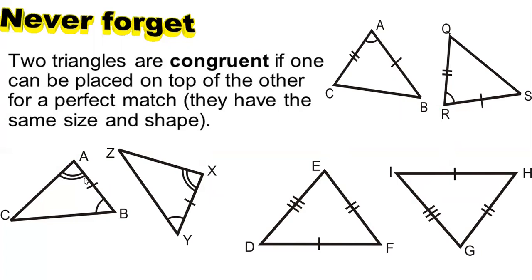So if I put two congruent triangles above each other, they will seem to me as if they are only one triangle. Also here, if I put the triangle EDF above the triangle IHG, I will be seeing only one triangle.